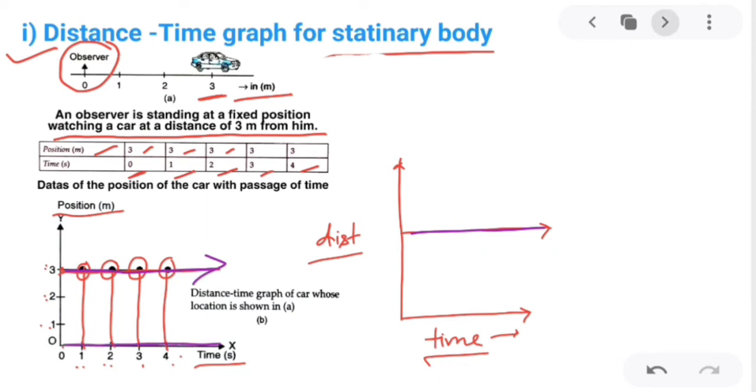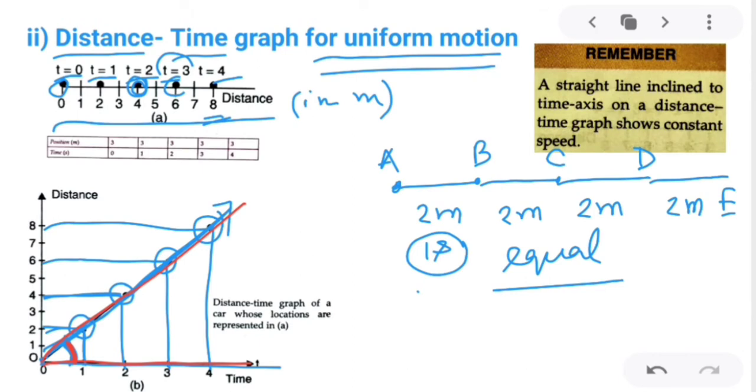And when an object is in uniform motion, that means it covers equal distance in equal intervals of time, the graph of distance versus time is a straight line inclined to the x-axis at an angle. This is the distance-time graph for uniform motion.